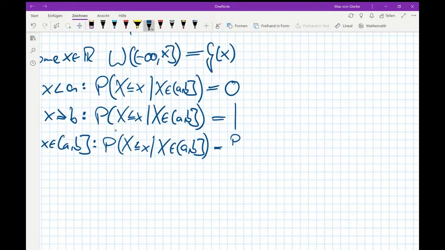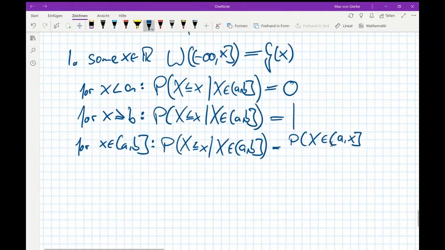From Bayes we just know that X is in... This a comes from the fact that lowercase x is in [a, b].